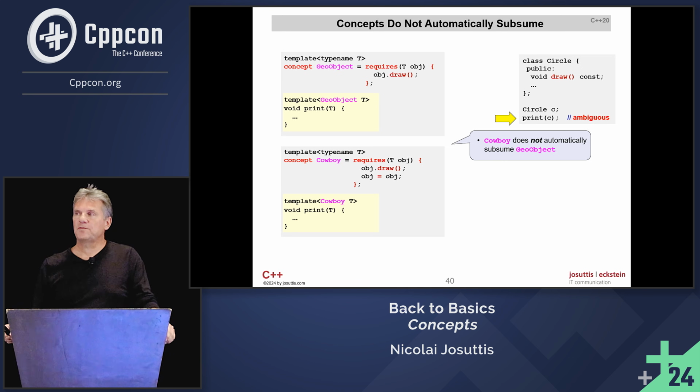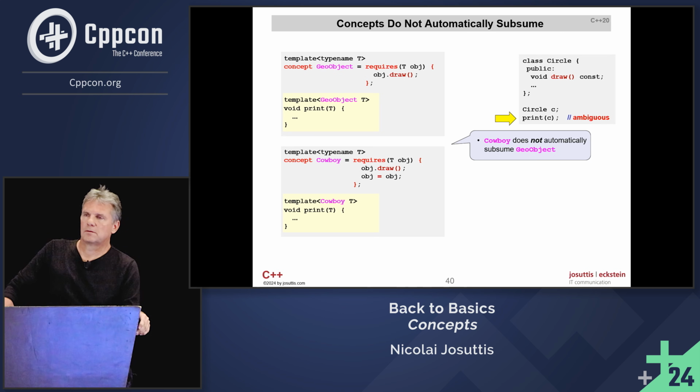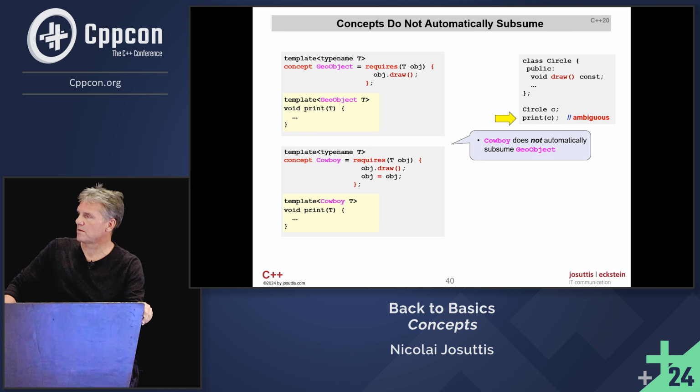By the way, here you see another reason why concepts should be coarse-grained. Because the more things you require, the less likely it is that you have a specification that does accidentally fit. You're getting more precise about the requirements of this type.